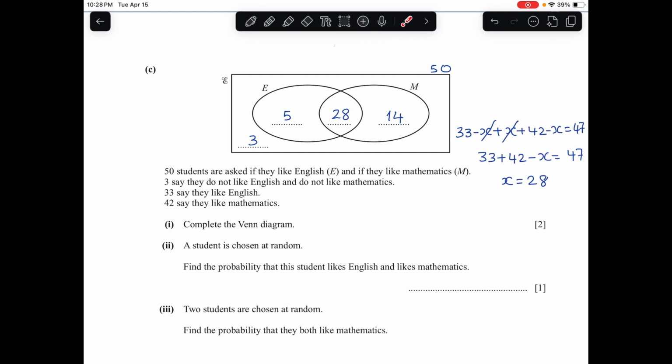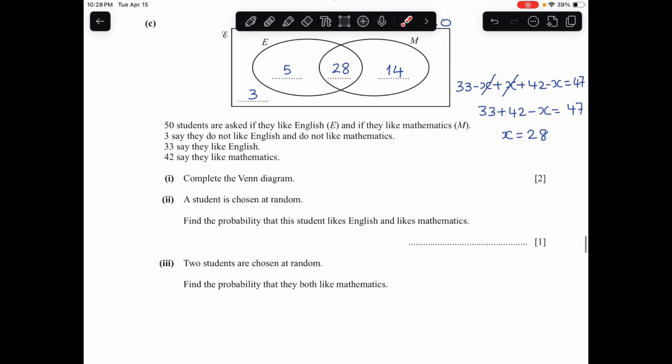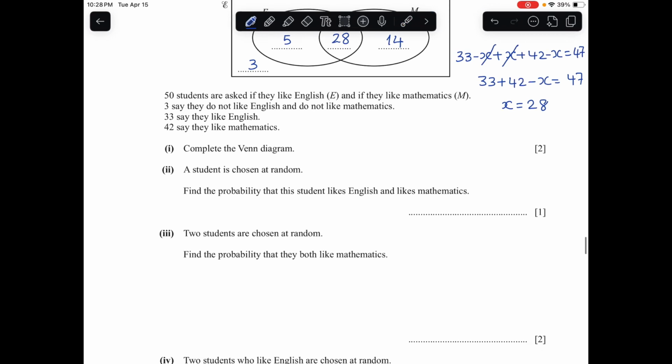Then the easy way is to add 33 plus 42. Okay, so that's going to give me 75, and then from 75 you minus 47, it's still going to give you 28. But I like to do it in this way because it makes more sense. Yeah, and it's easy to remember.